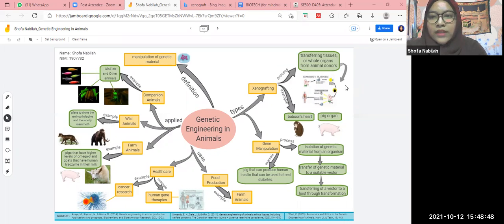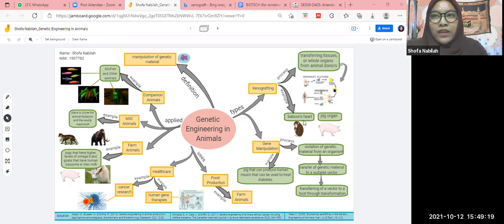The first case of xenografting was carried out in 1984. The case was a baby pig with a disease, a hole in the heart, who got a transplanted organ from a baboon's heart.